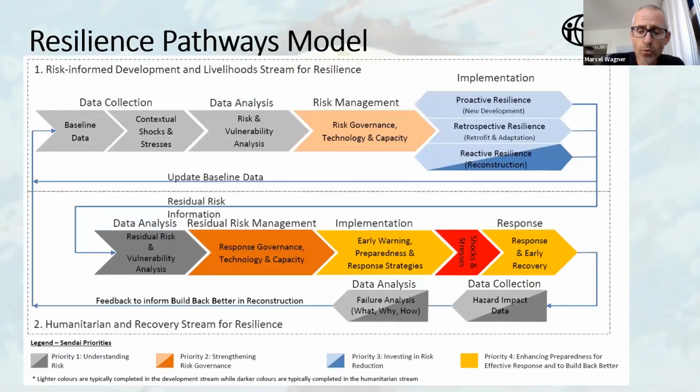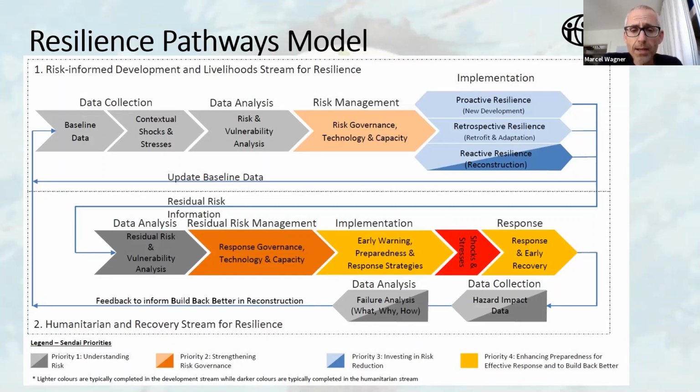Maybe a little bit more practical is the resilience pathway model. Here you see the pathway model in 2 parts. The first one is the development part of resilience building.